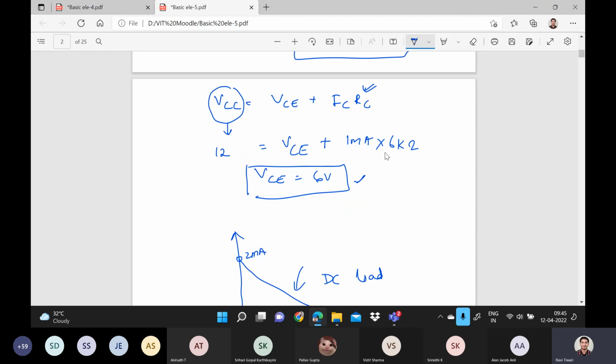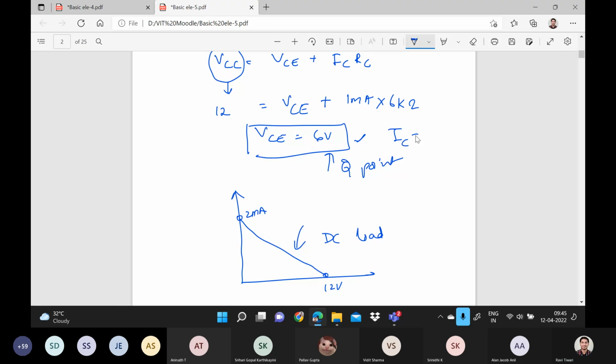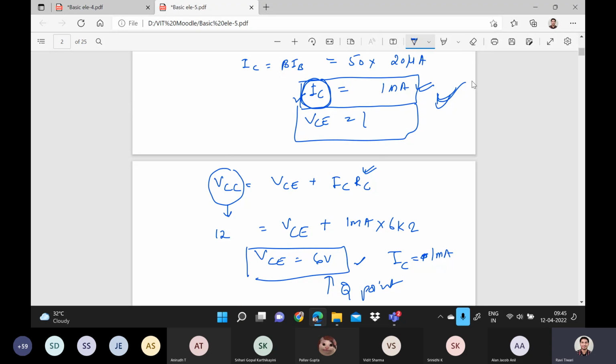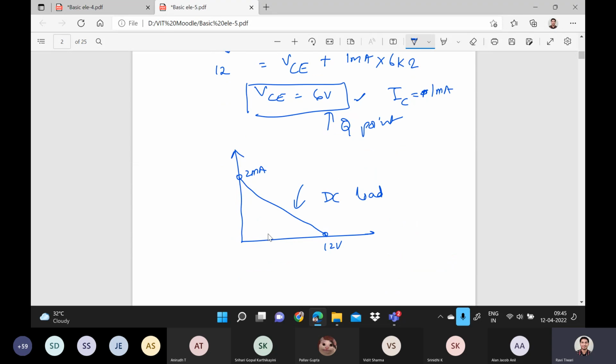Now for finding out the Q point, IC is equal to 1 milliamp that we calculated, and this is 6 volts. By intersecting these 2 points, you can find out the Q point. Like that, you can find out the Q point and DC load line.